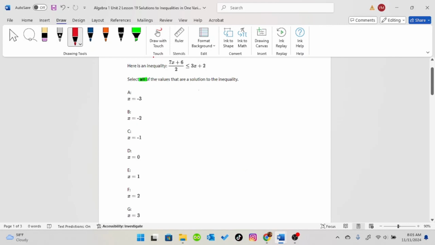So we're going to take the inequality 7x plus 6 over 2 is less than or equal to 3x plus 2. The first thing I want to do is get rid of this fraction on the left.